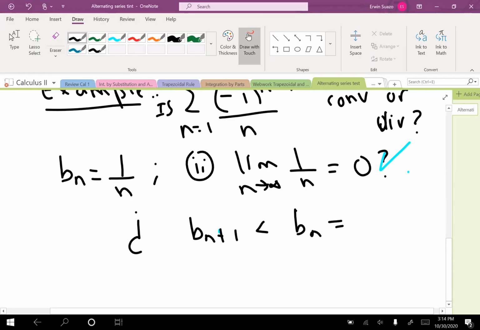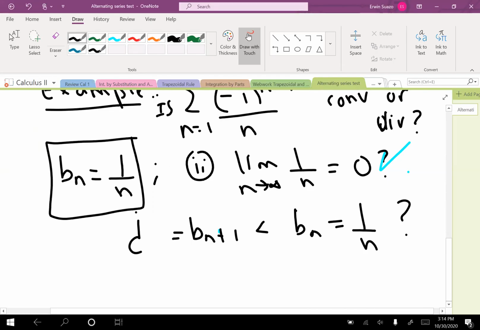So Bn is 1 over n. What is Bn plus 1? If Bn is this, what is Bn plus 1? Is it 1 over n plus 1? Yes, correct. So this is 1 over n plus 1 is less than 1 over n.